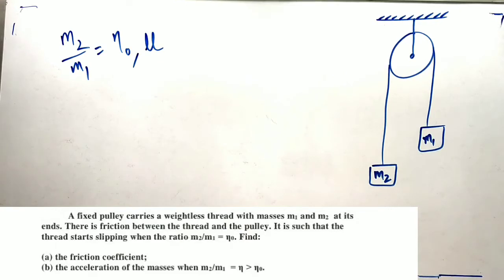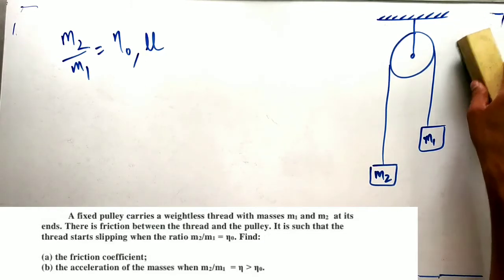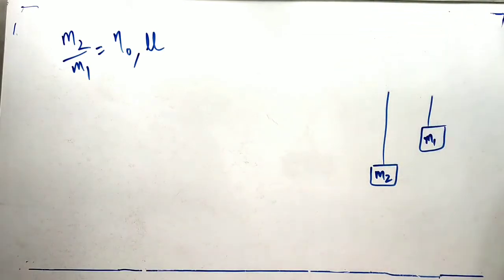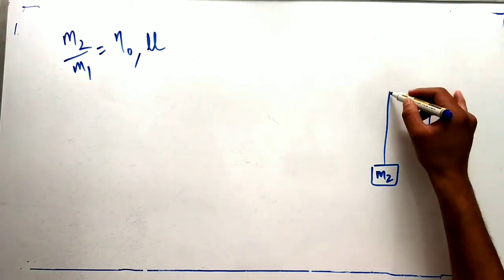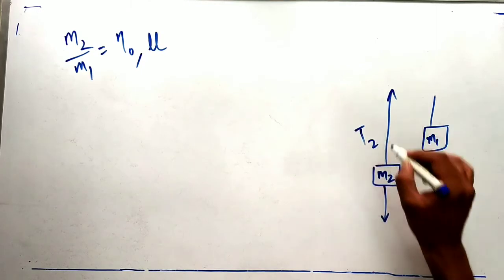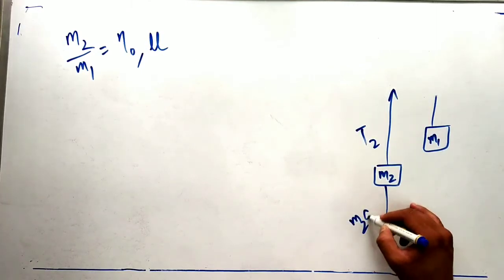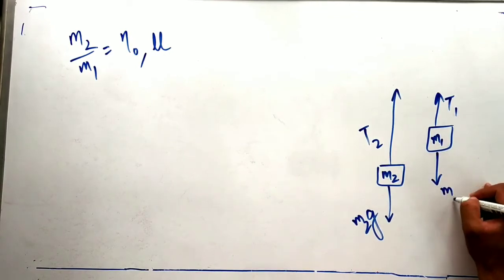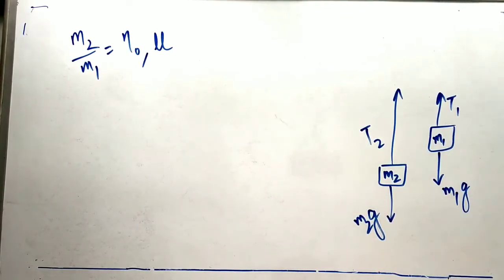To be able to solve this question, we should know that when we draw the free body diagram of these two masses, the tension acting on these two bodies is different.